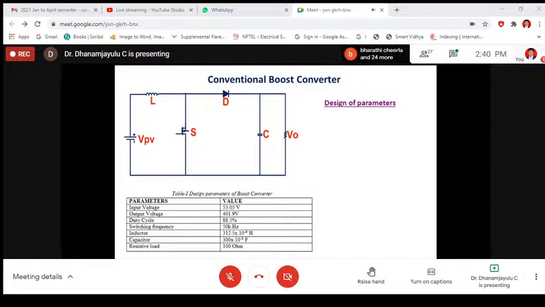Yes. Sir, slide is not visible. There is a slide conventional boost converter. There is no design. Okay, 1 minute, please.